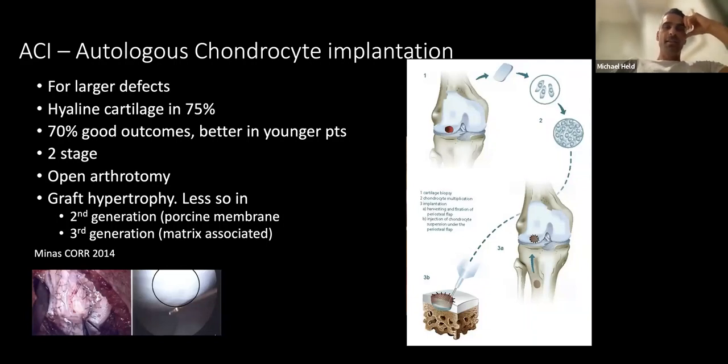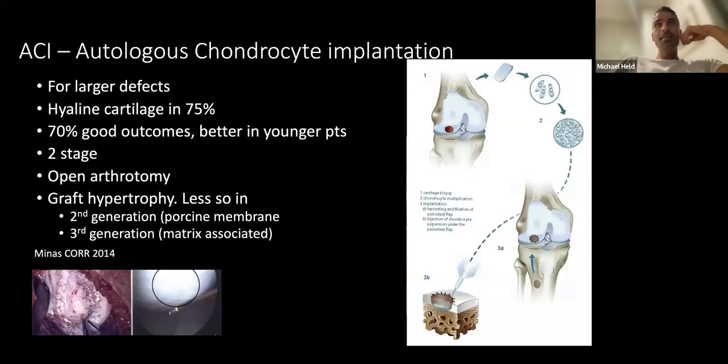Then autologous chondrocyte implantation is another technique that one can use, especially in bigger cartilage defects. You harvest cartilage, you take those cells, you send them to a lab, and you then basically inject those cartilage cells back into the defect once they've grown.